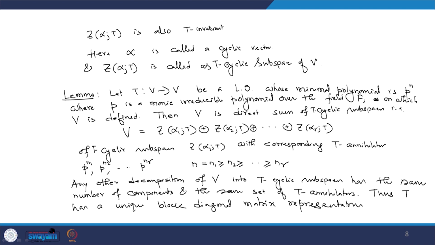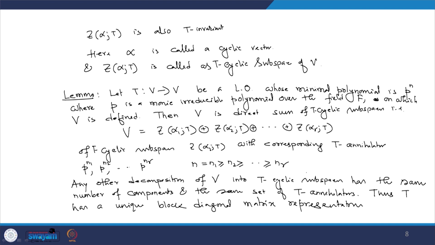The T annihilator of Z(alpha 1, T) is p to the power n 1, for Z(alpha 2, T) it is p to the power n 2, and for Z(alpha r, T) it is p to the power n r, where n equals n 1, greater than or equal to n 2, greater than or equal to n r.